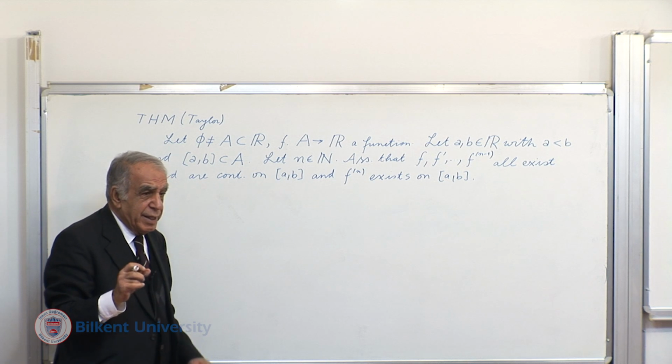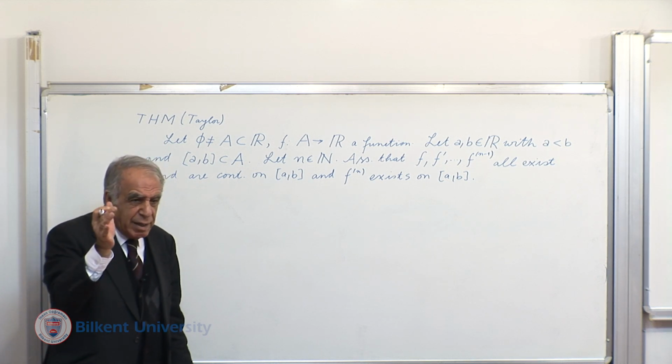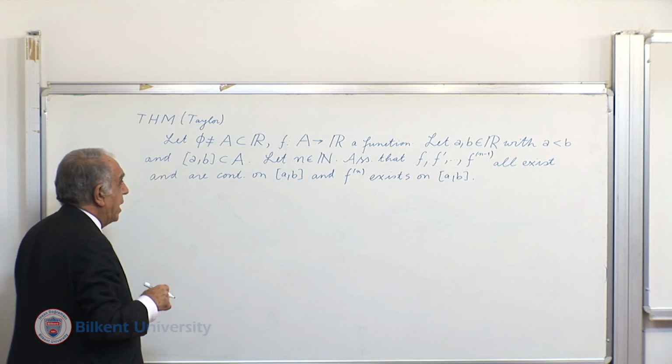Now you have a remainder term in Taylor's theorem. You have its derivative form and its integral form, but here we'll consider the derivative form.